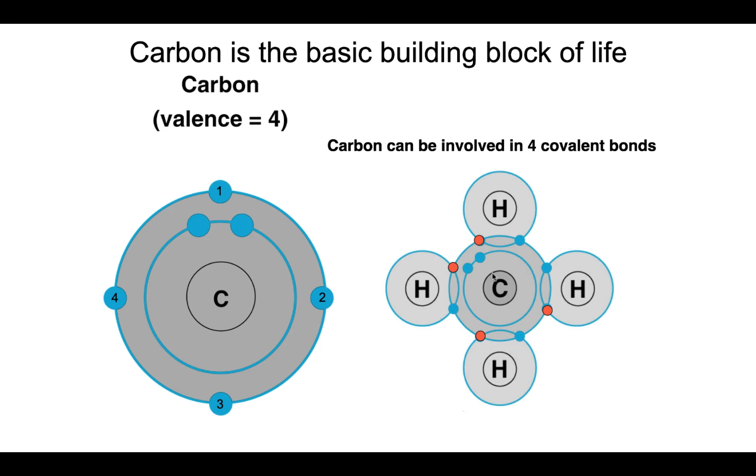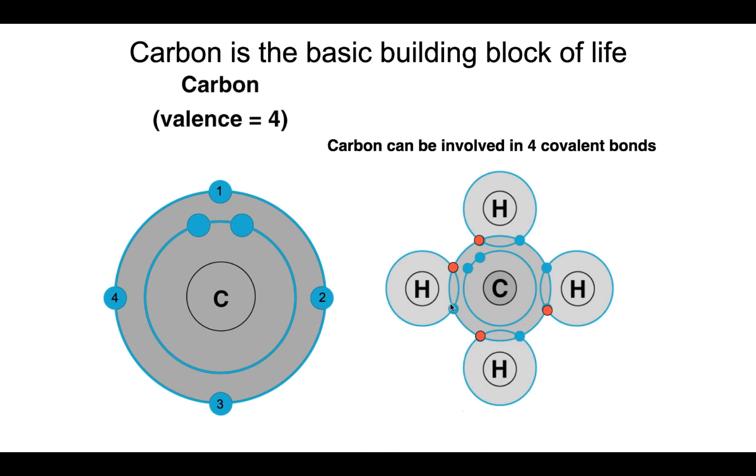So here what we have is a carbon forming 4 covalent bonds with 4 different hydrogens. There's one hydrogen, another, another, and another. And notice that hydrogen is sharing its electron with carbon. And so now we've got 2 electrons being shared here, and here, and here, and there.